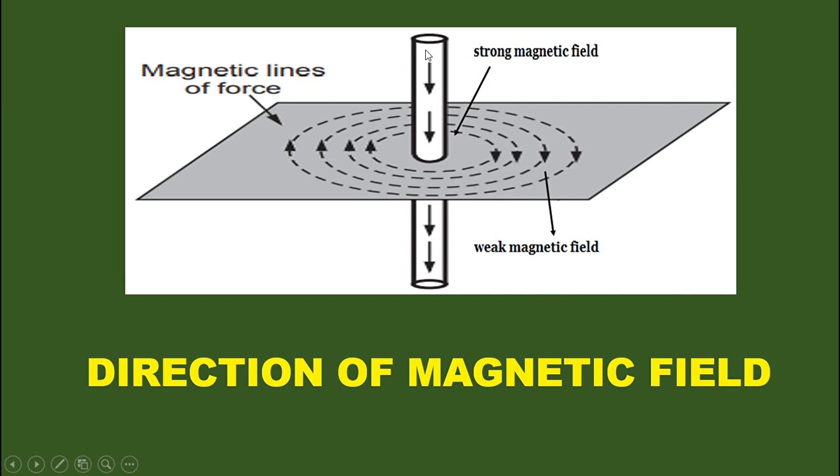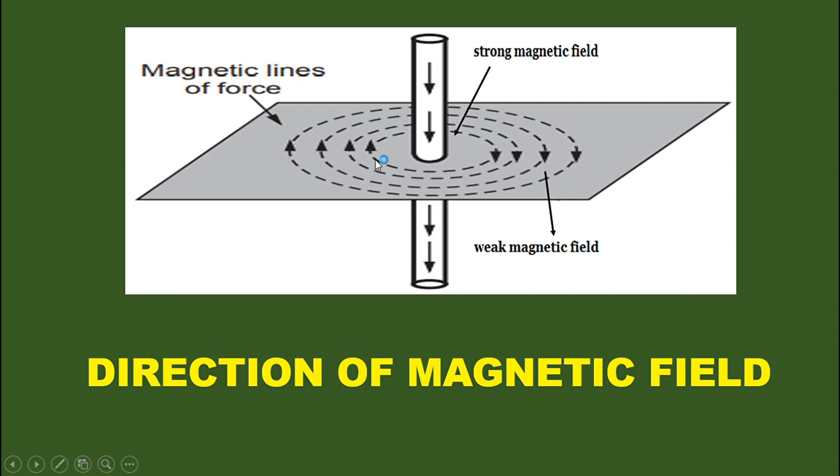Look here. This is a straight conductor with an arrow mark that shows the current is flowing from the top of the conductor towards the bottom, and here a cardboard having many circles. Those circles are nothing but magnetic field lines, and on the magnetic field lines some arrow marks are there.